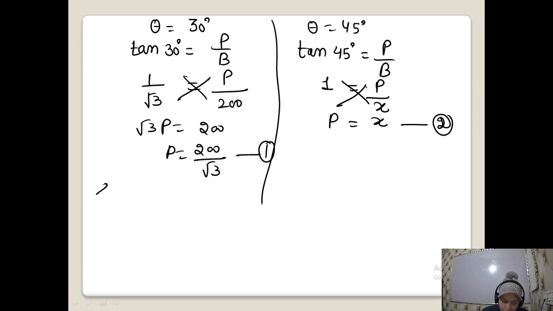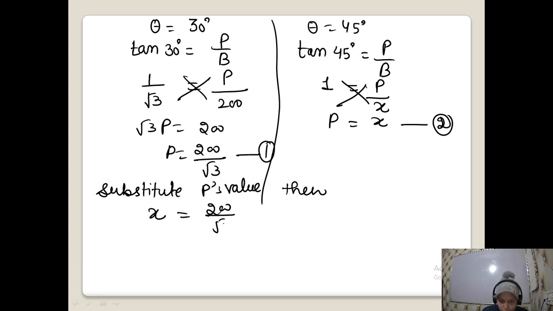When you substitute P's value, then it will be written as x equal to 200 over root 3, and when we multiply then it will be root 3 x is equal to 200.